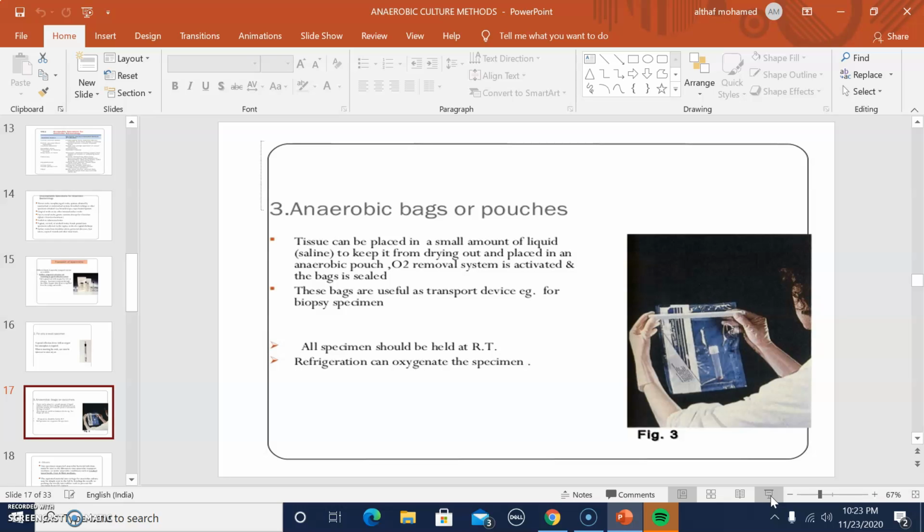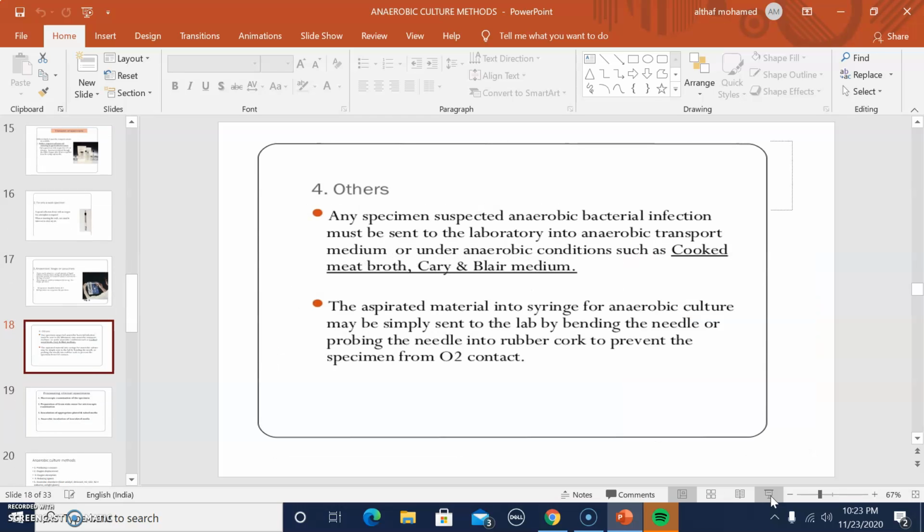All the specimens should be held at room temperature, as refrigeration can oxygenate the specimens. Any specimen with suspected anaerobic bacterial infection must be sent to the laboratory in anaerobic transport medium or under anaerobic conditions, such as cooked meat broth or Carey-Blair medium.